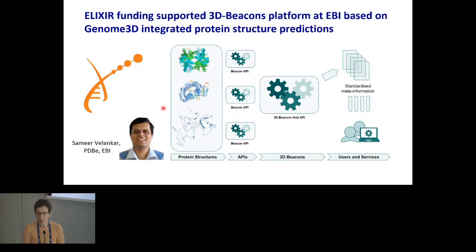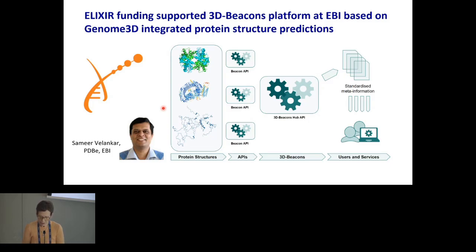And Samir Valenka at the PDB, first of all, with some Elixir funding that we managed to get, we started working with the Swiss model group, which also have a wonderful resource providing structural predictions. They're refining AlphaFold data and providing wonderful annotations for that data.